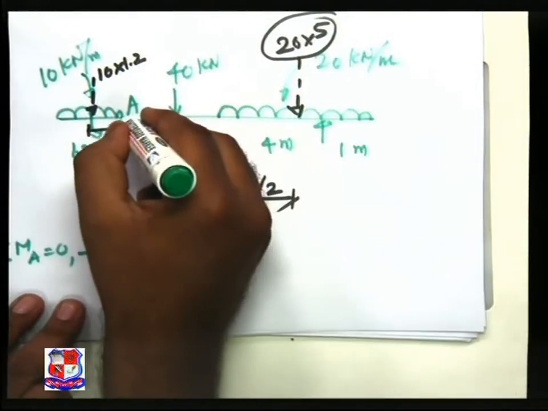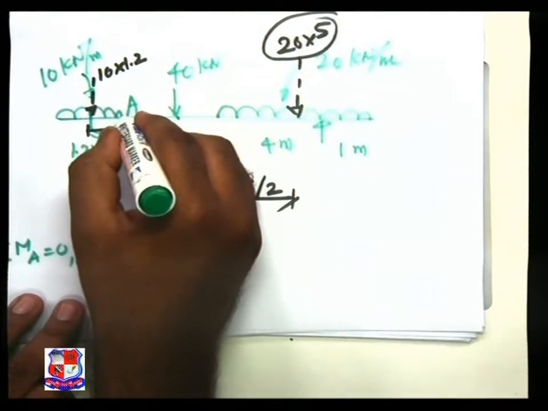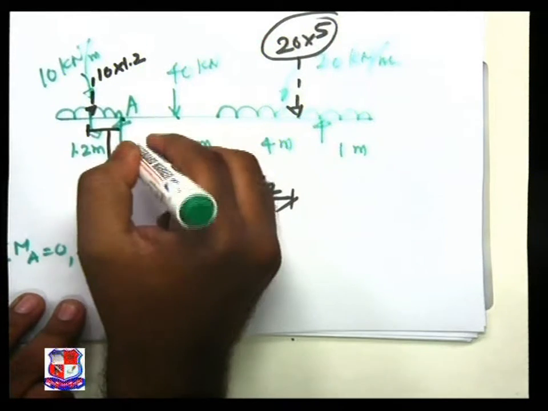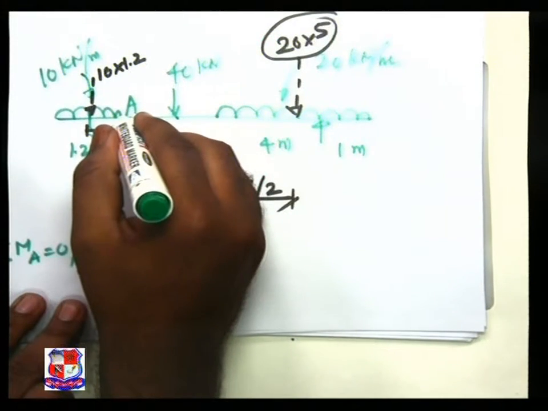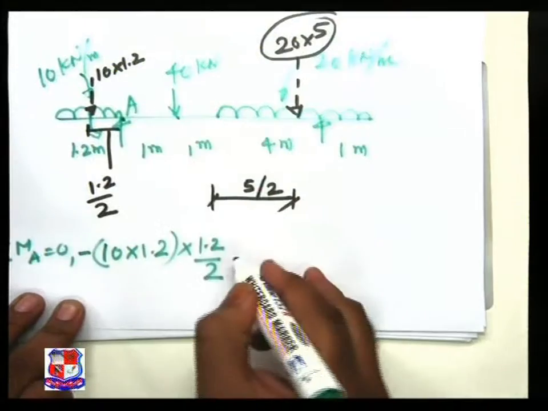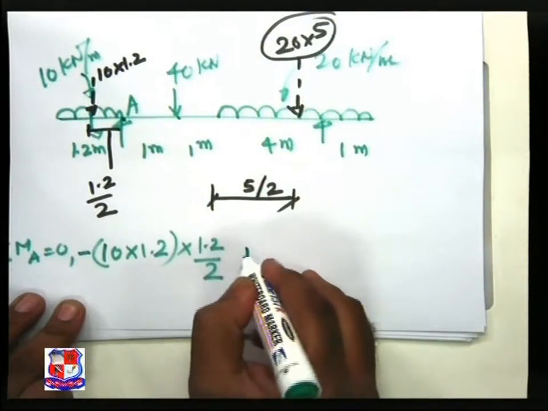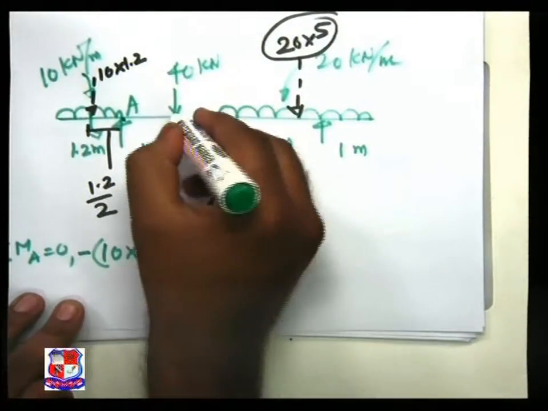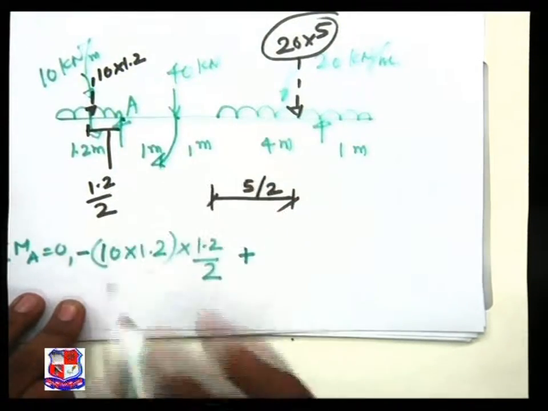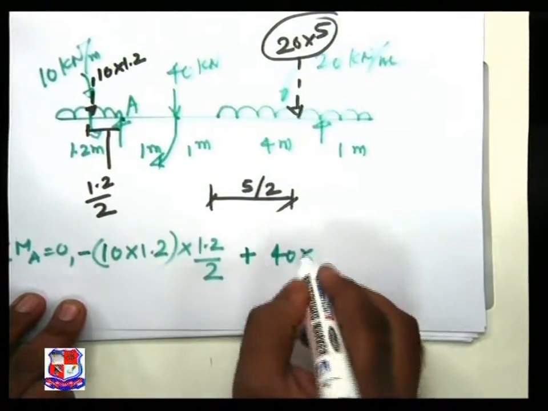Another, RAV into 0, because we are taking moment at A, so the effect of RAV on the moment is itself 0. Now plus sign. Why plus sign? Because this creates a clockwise moment: 40 into 1.